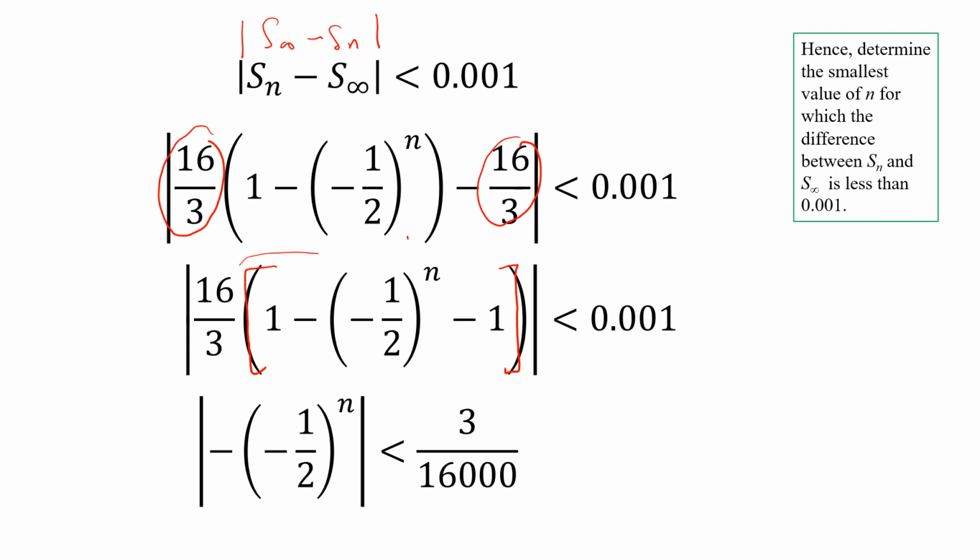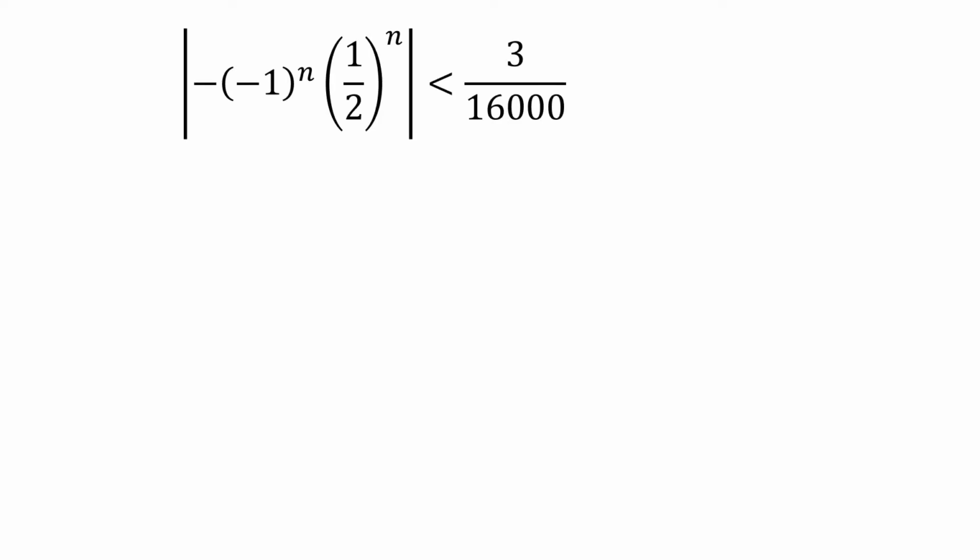16 over 3, we move to the right side and we get 3 over 16000. So, negative, we split this one: -1 to the power of n times 1 over 2 to the power of n.